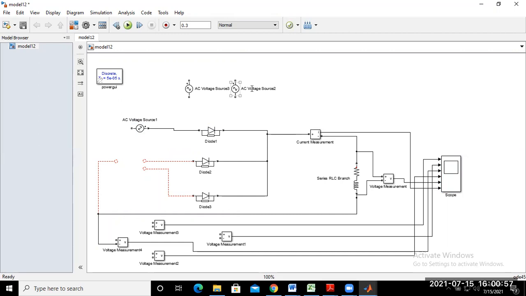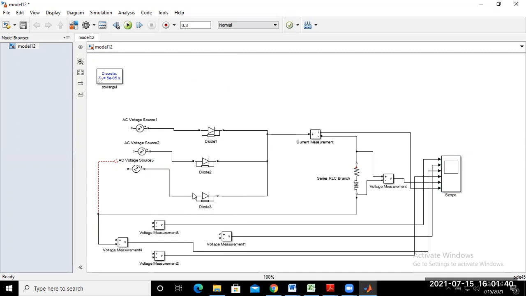Similarly, source 2 is dragged here. Control R. So just connect it from this point to this point. And this third AC voltage source is placed here. Now connect this point to the anode of diode 3.